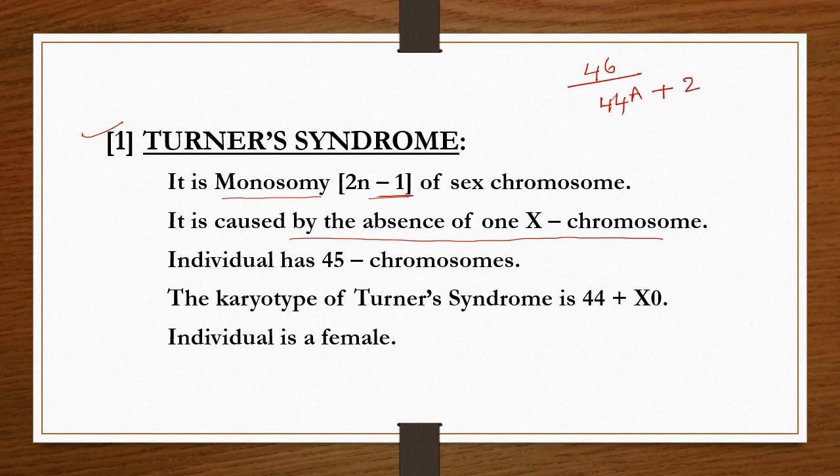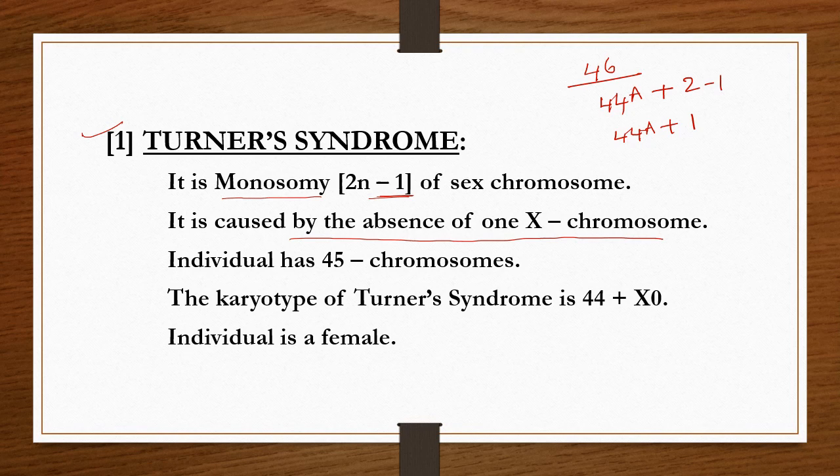Now, in this condition, one X chromosome is absent. That means here 2 minus 1. Autosomes no change, 44 autosomes plus only one X chromosome. That means one sex chromosome is present.